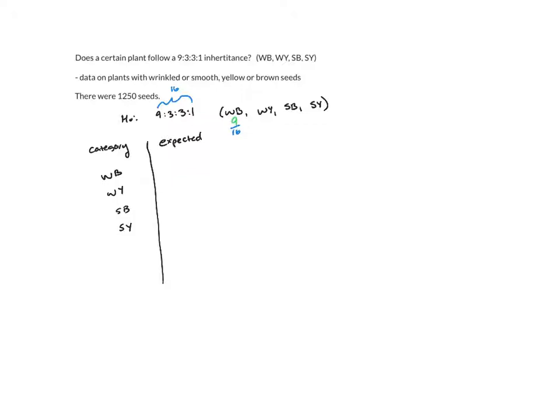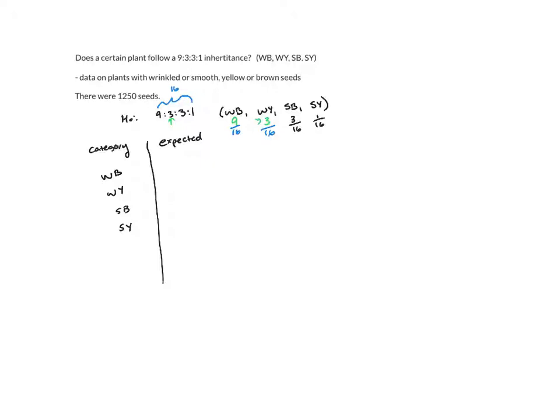I can then calculate the ratio for wrinkled and yellow, and that would be, well, there should be 3 of those, because that's that second thing, divided by 16. And once again, I'm getting that 3 right here by looking at its place in the ratio. I could do the same for the other ones. This should be 3 out of 16, and this should be 1 out of 16. To reinforce this, I'm getting the 16 by adding up the total number in this ratio.